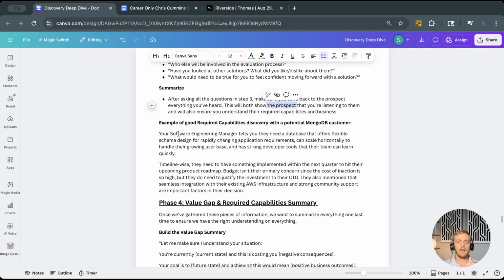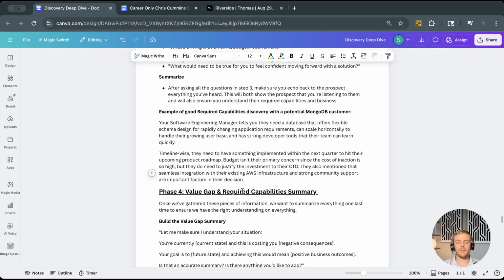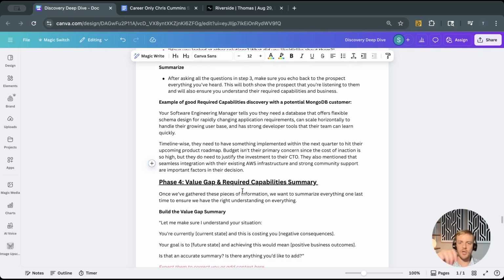And they need seamless integration with their existing AWS infrastructure. Fortunately, this is something Mongo can do, but you want to make sure you have everything checked off that they need, so that when you build a business case, you can prove you can do it and check off all the boxes of their requirements.